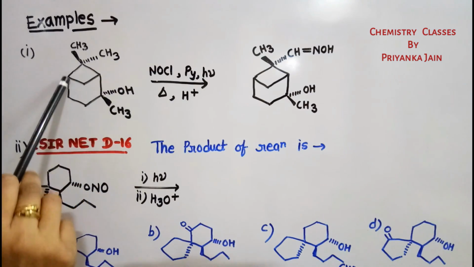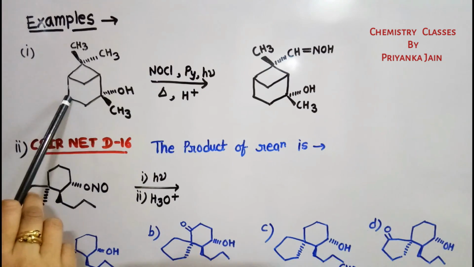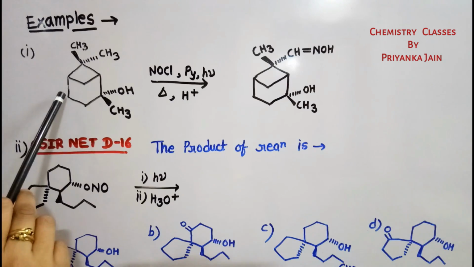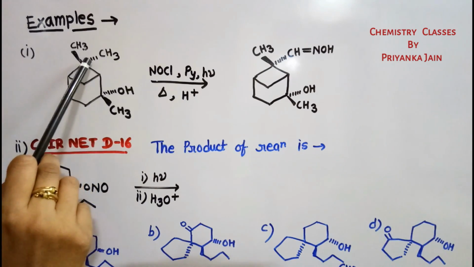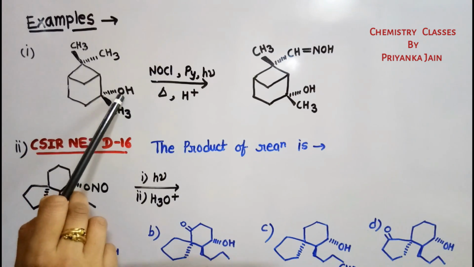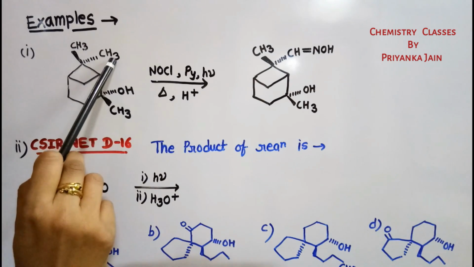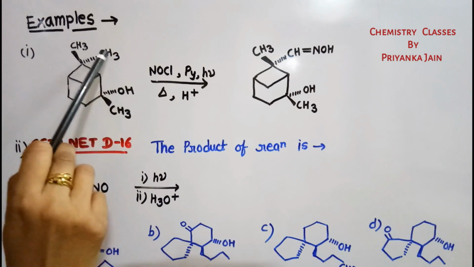So here this hydrogen will be present at the upside of the plane, above the plane. But here we can see that these hydrogen atoms are present below the plane. So there is more probability of reaction of this OH group with this hydrogen. So it will react with it.